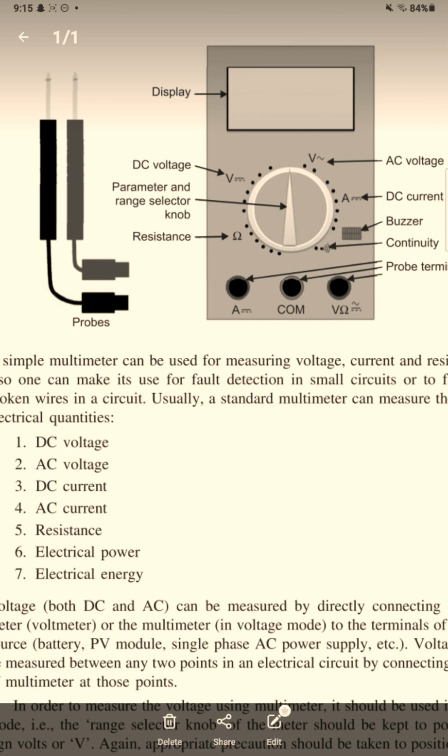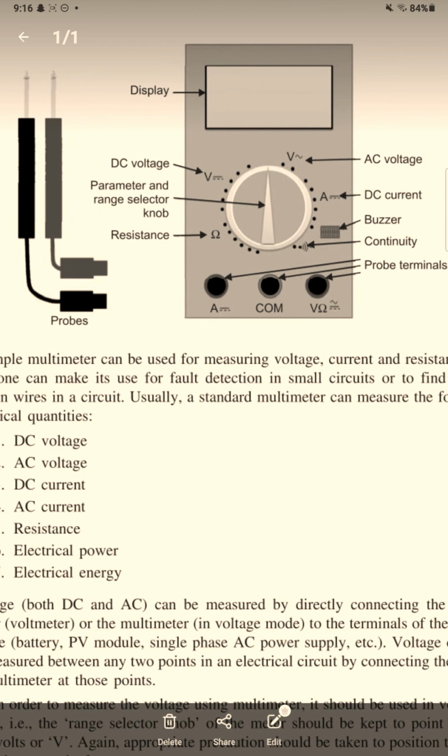Please check the multimeter's manual, or you can ask your sir about it. Only then should you operate the knob. You should only rotate the knob in the prescribed direction. You shouldn't try to go in the opposite direction. It may break the knob.